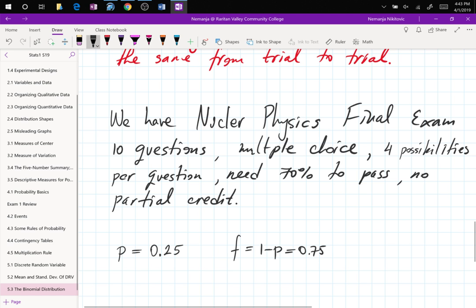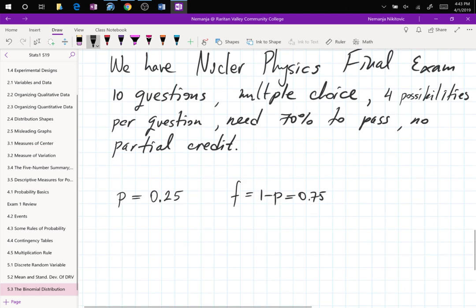Now, we understand all of the parts of this problem. We understand how this fits Bernoulli trials, and now we just need to learn the formula that calculates the probability of this discrete random variable, and that would be the major formula that you are memorizing.